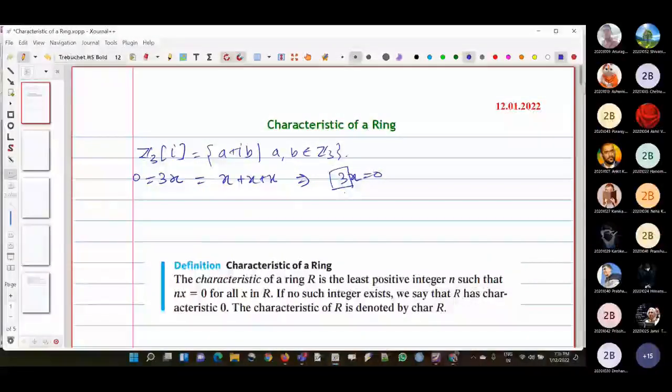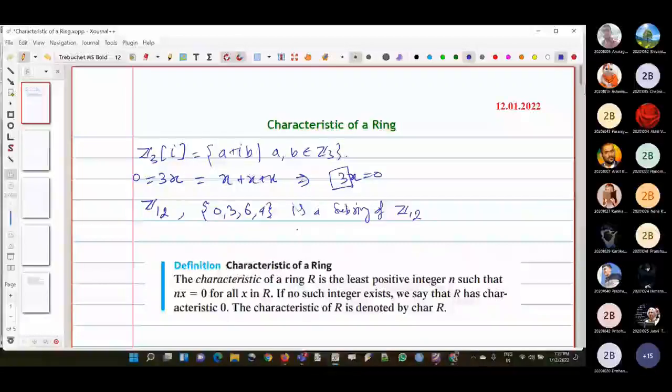Finally, if you see the subring of Z12, in Z12, let's consider the elements 0, 3, 6, and 9, which is a subring of Z12.